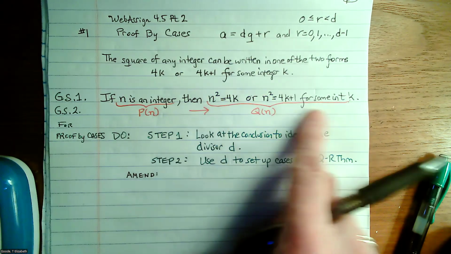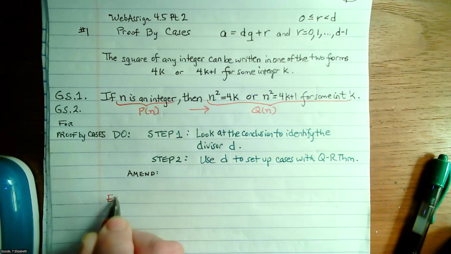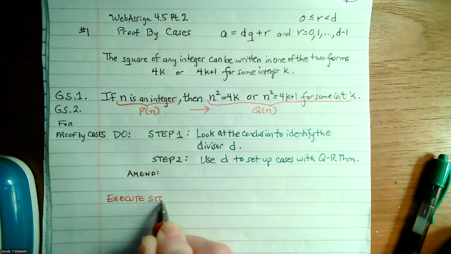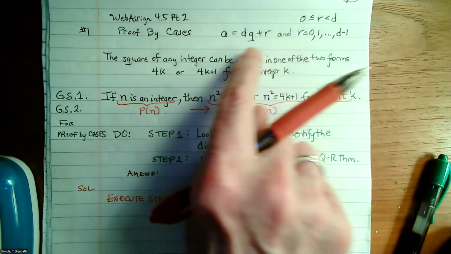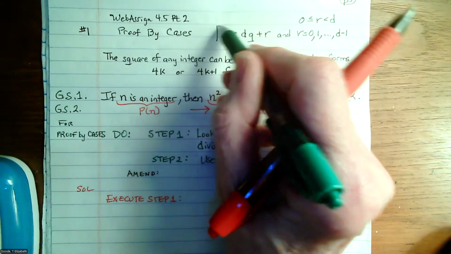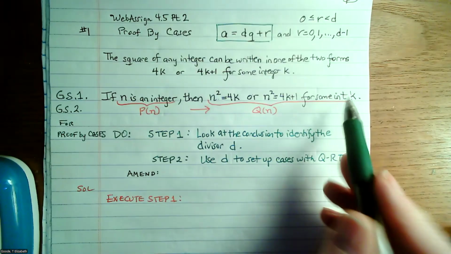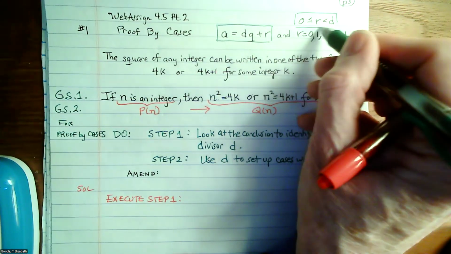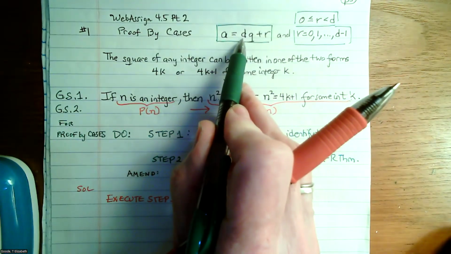So let's execute step 1. When we look at the conclusion, thinking about the quotient remainder theorem, what is the D that's being used in this conclusion? D sits right there.